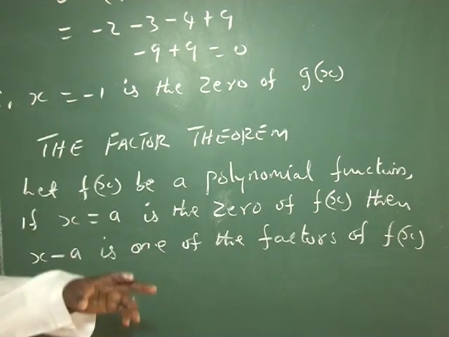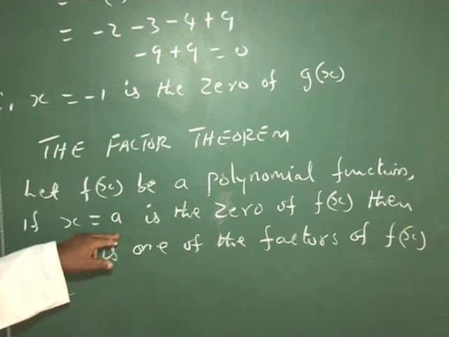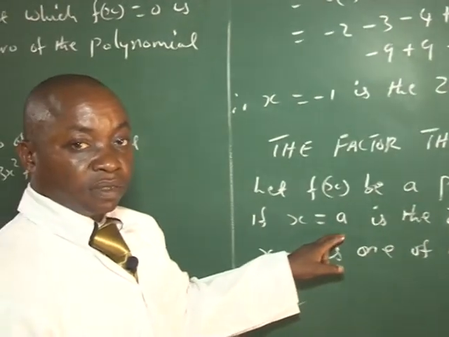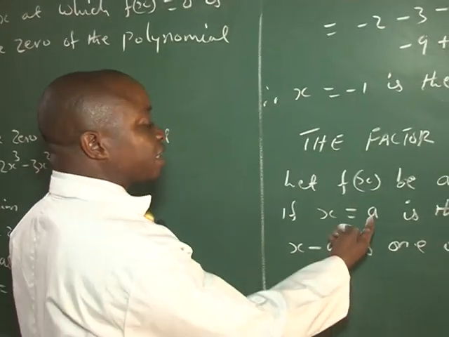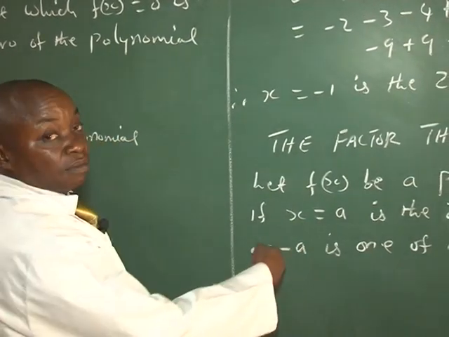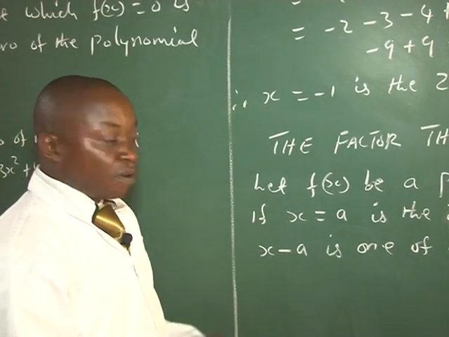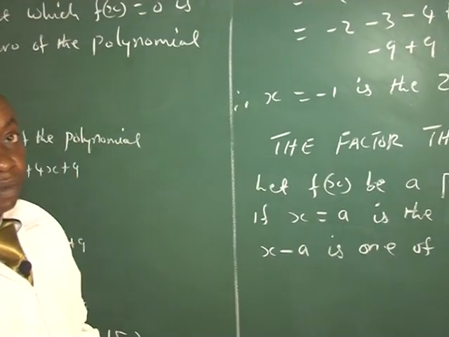If x equals a is the zero of the polynomial, then x minus a, taking this back, must be a factor of the particular polynomial.